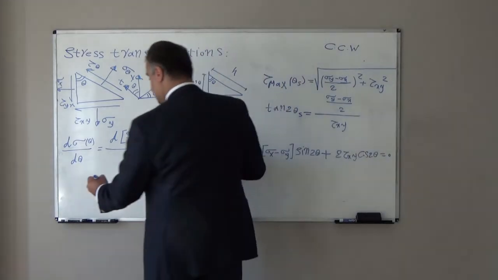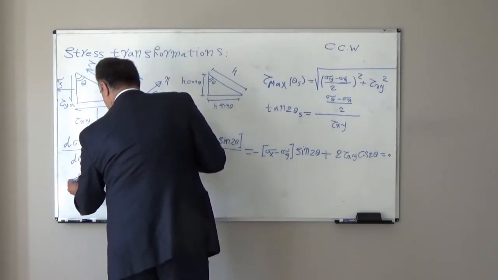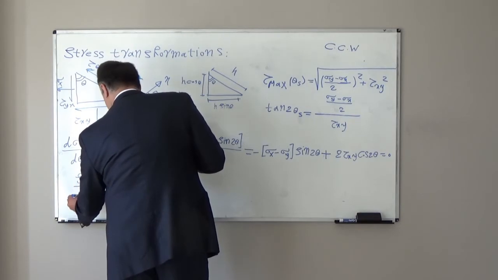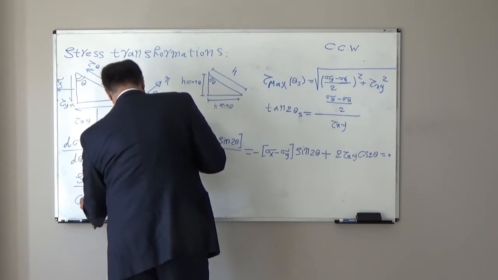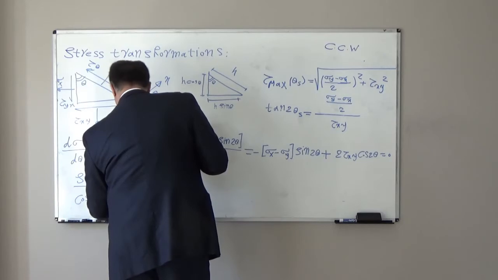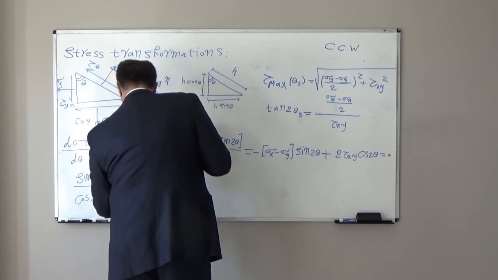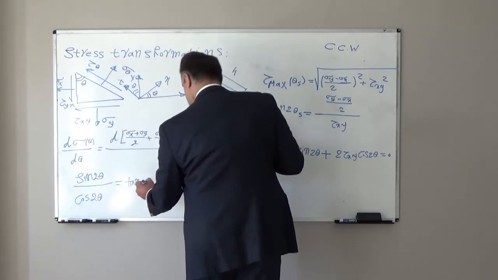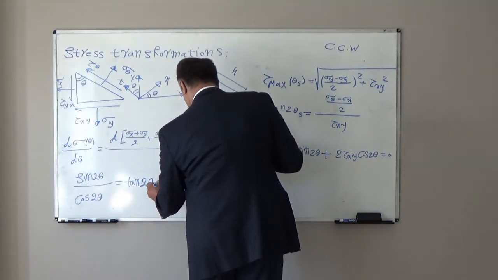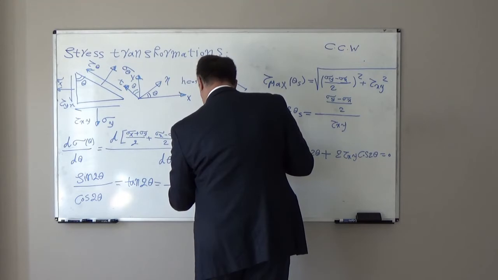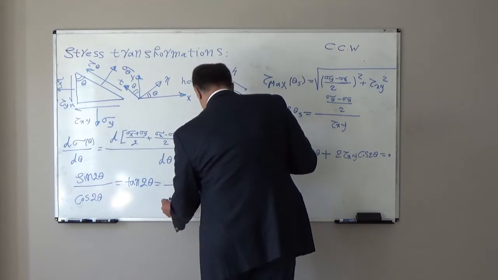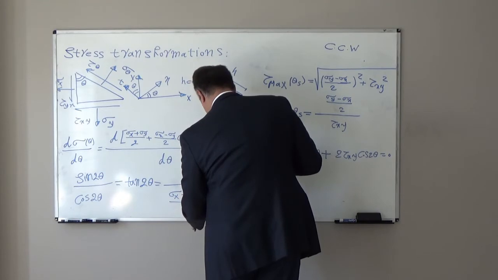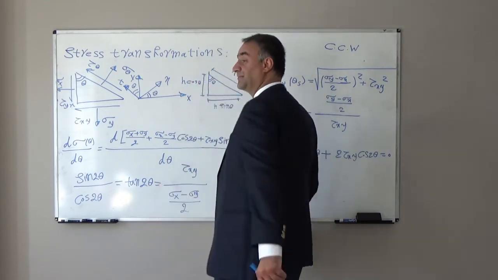From here, I can write sine 2 theta over cosine 2 theta is equal to tangent 2 theta, which is equal to tau xy divided by sigma x minus sigma y over 2.